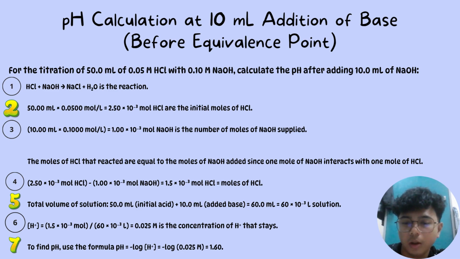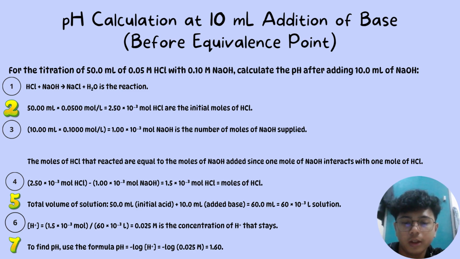Step 5, we find the total volume of solution. 50 ml initial acid plus 10 ml added base. So we get 60 ml, or 60 × 10^-3 liter of solution.